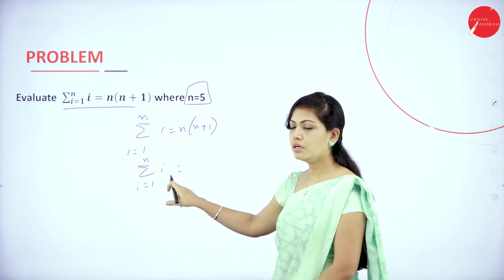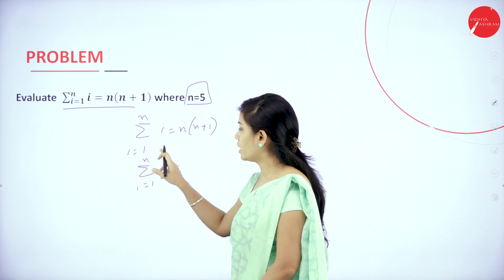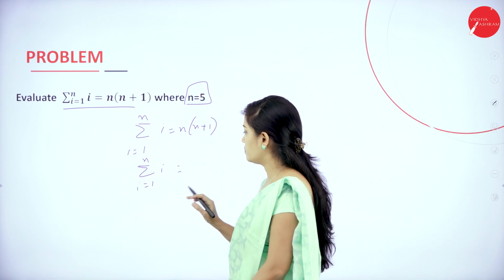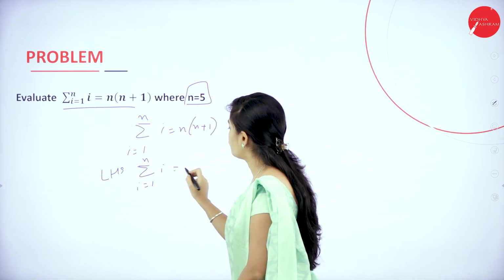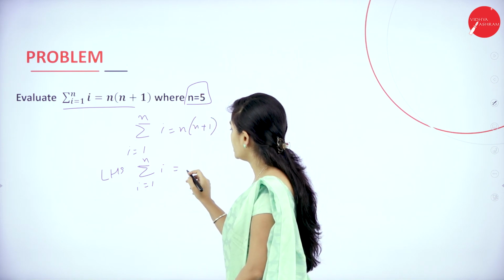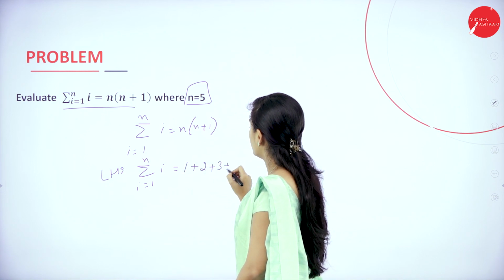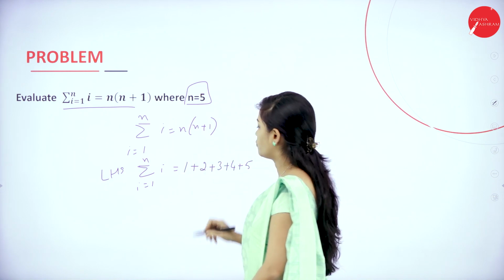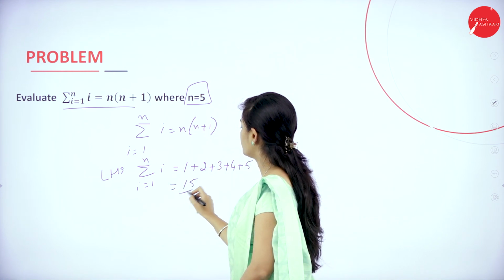We have sigma i, the lower limit is i equals 1, the upper limit is n. n is equal to 5, so i is equal to 1 to 5. That means 1 plus 2 plus 3 plus 4 plus 5. Add all the values, you will get 15.